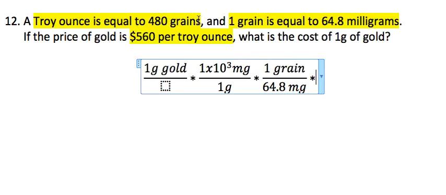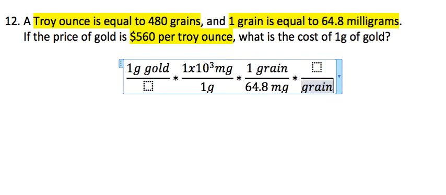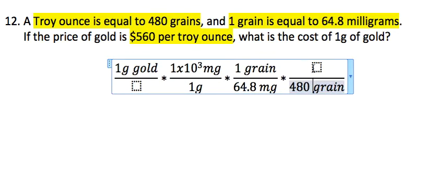Now I look back up here, and this tells me a troy ounce is equal to 480 grains. So my next conversion factor, I know I need grains down here, and it tells me there's 480. I'll put that there. And then it says 1 troy ounce, so I'm going to put 1 troy ounce on top. Okay, still getting 1 step closer.